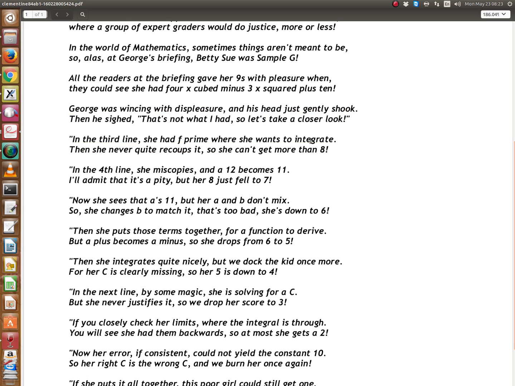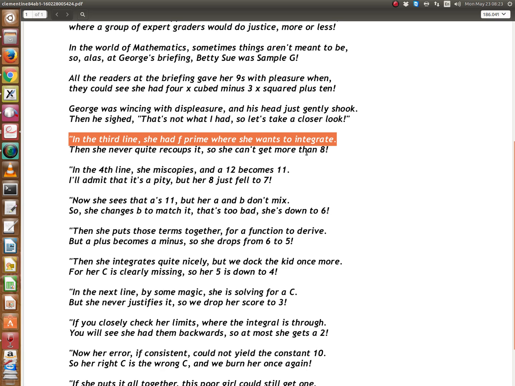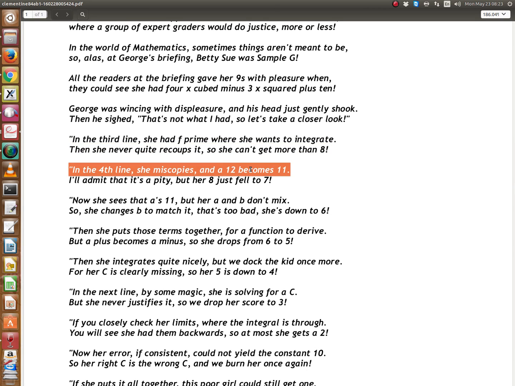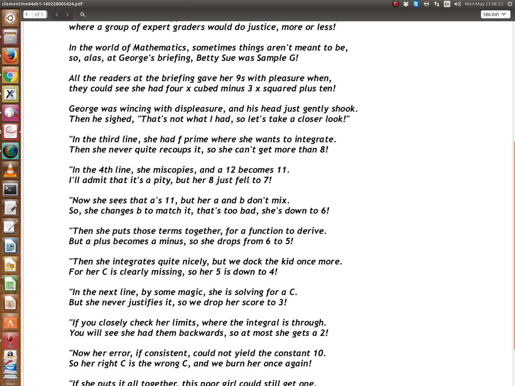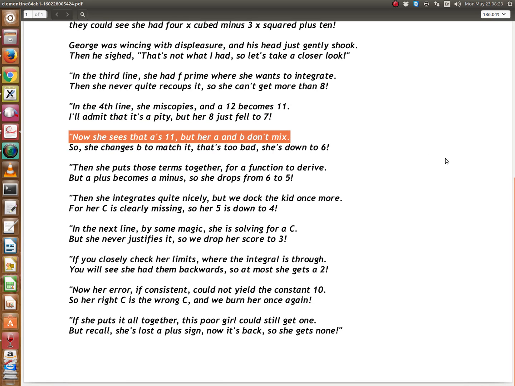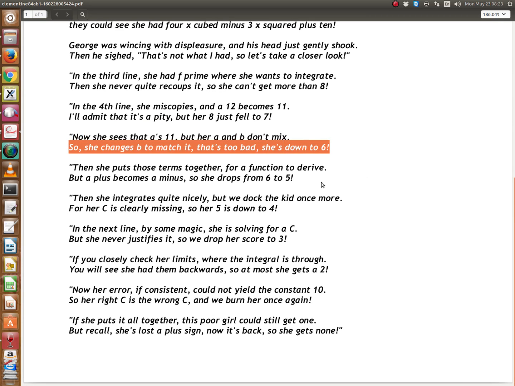In the third line, she had F prime when she wants to integrate, and she never quite recoups it, so she can't get more than 8. In the fourth line, she miscopies, and 12 becomes 11. I'll admit that it's a pity, but her 8 just fell to 7. Now she sees that it's 11, but her 8 is needle hurts, so she changes to match it, that's too bad, she's down to 6.